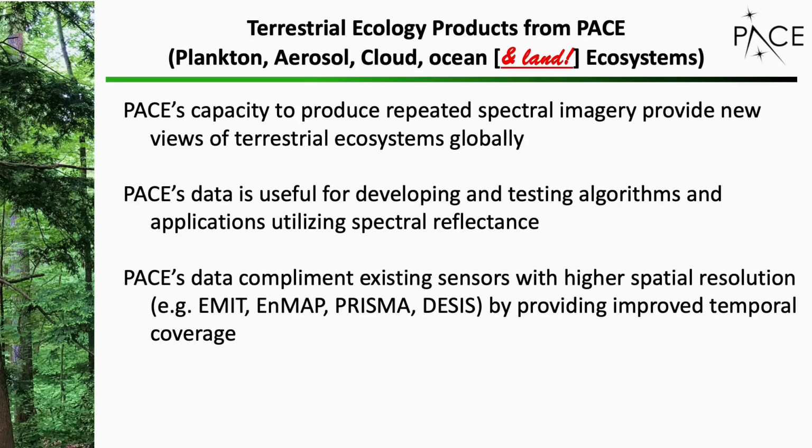There are some real advantages to using PACE data. It provides repeated spectral imagery over the entire planet, and therefore is useful for developing time series of spectral information, and because it provides spectral reflectance, we can develop algorithms and test them in ways that we really haven't been able to do with previous satellite systems.